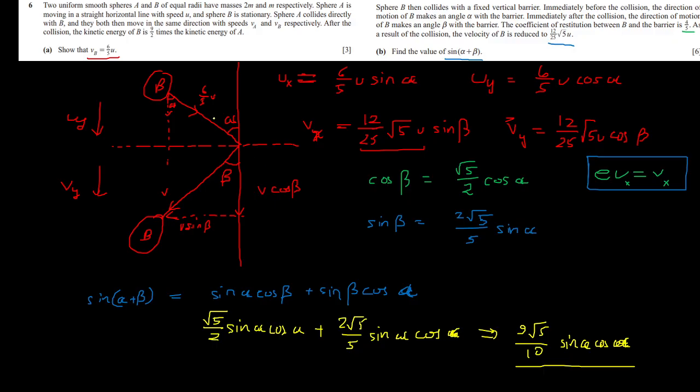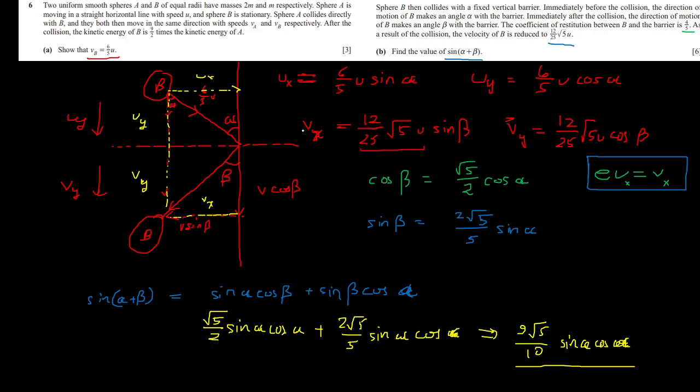So let's see, we have the horizontal velocity, that's going to be ux. We have the vertical velocity, that's uy. We have the velocity after, that's vy, same as uy. And we have the velocity after collision, the horizontal one, it's vx.